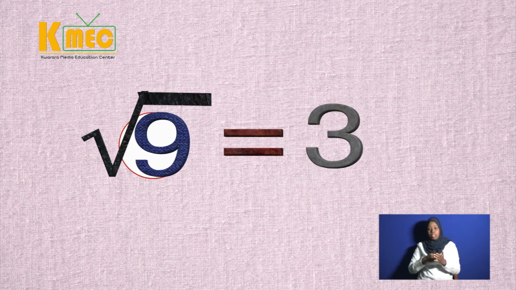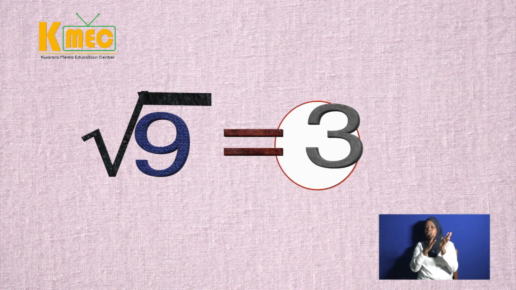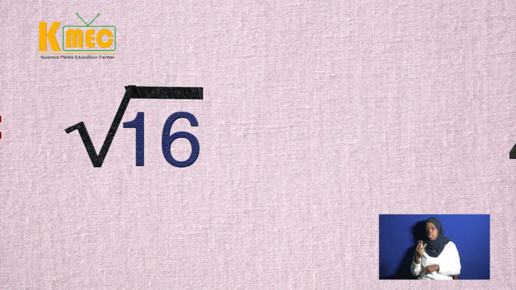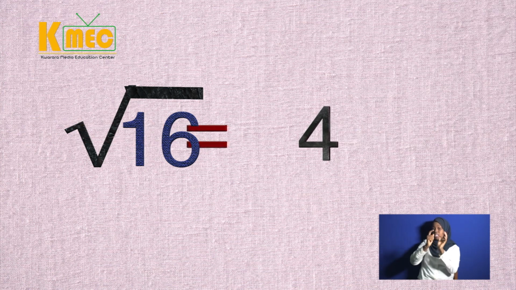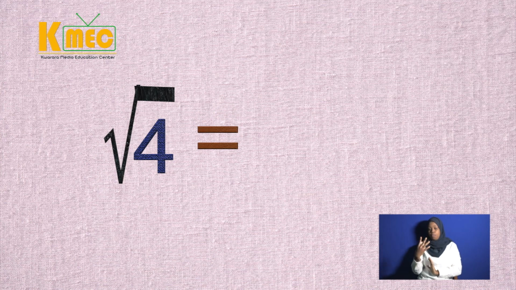Meaning that the number which is squared to give 9 is 3, and the number which is squared to give 16 is 4, and also the number which is squared to give 4 is 2. Very good.